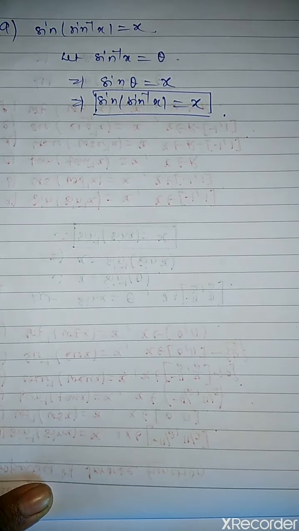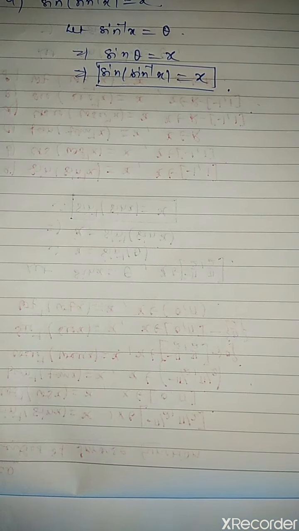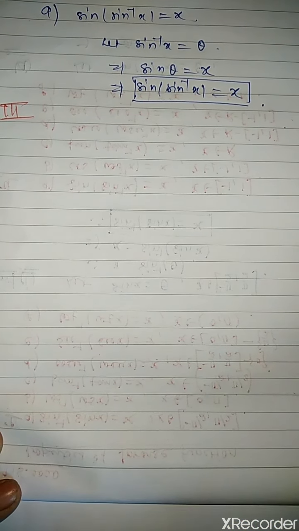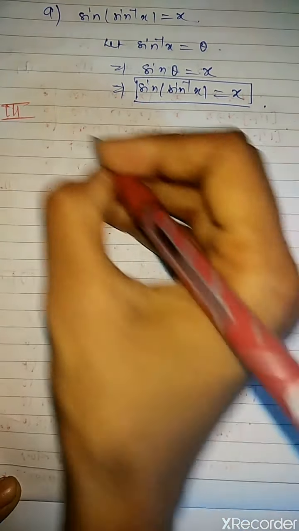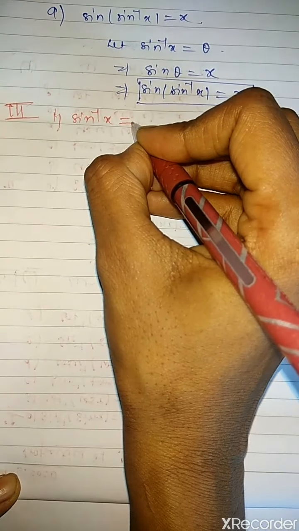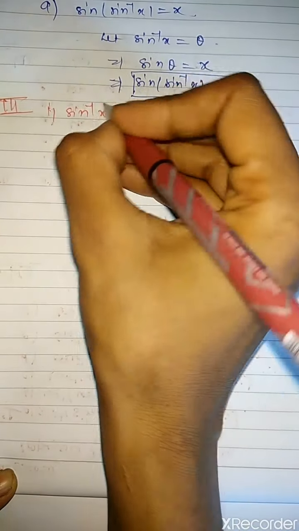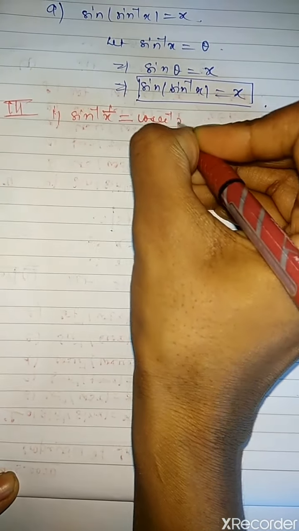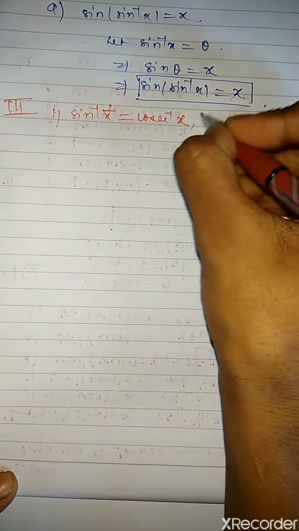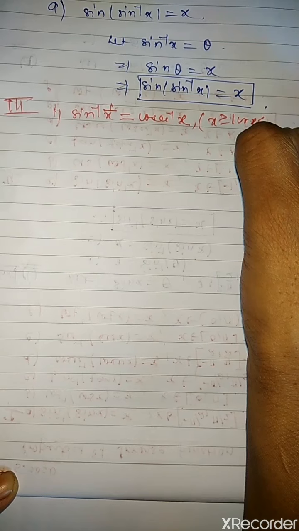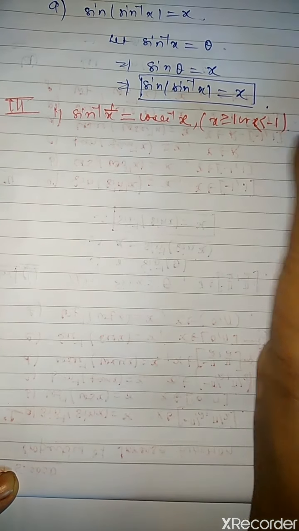Let's see another property. The third property: first, sine inverse of 1 by x is equal to cosec inverse x. The condition is x greater than or equal to 1 or x less than or equal to minus 1.